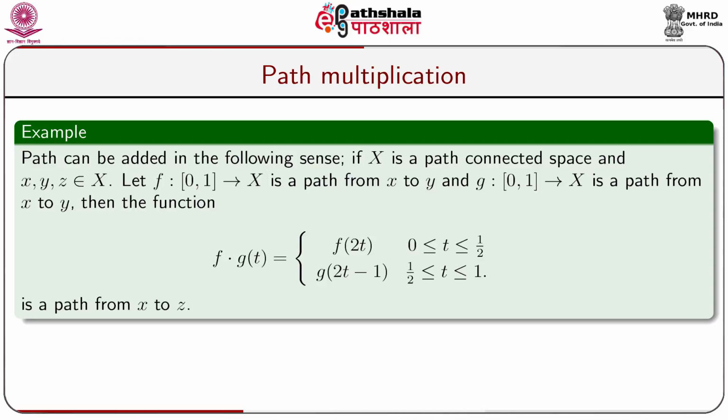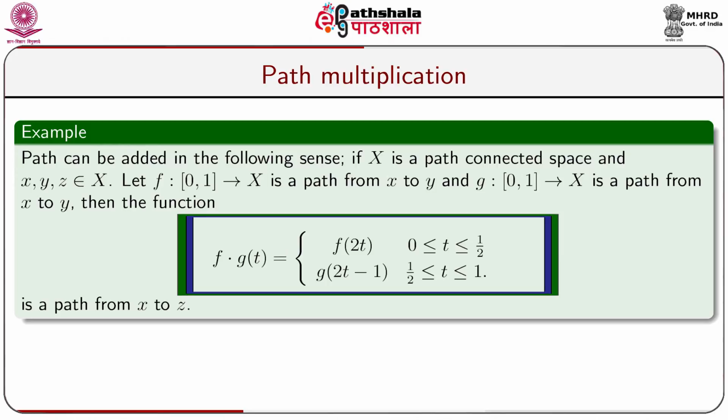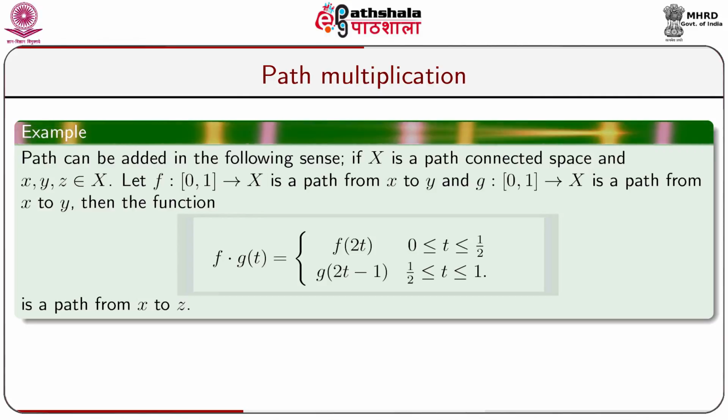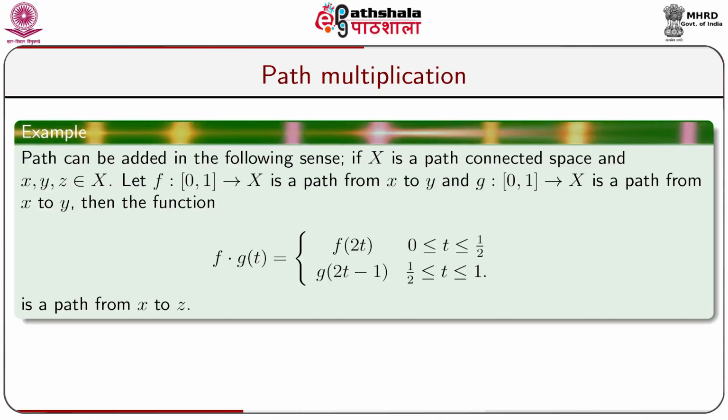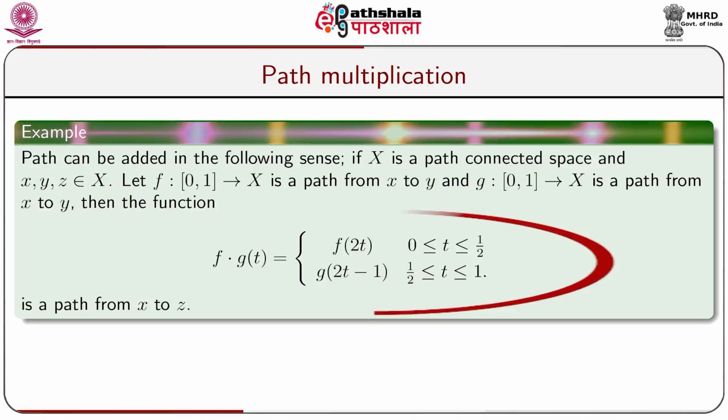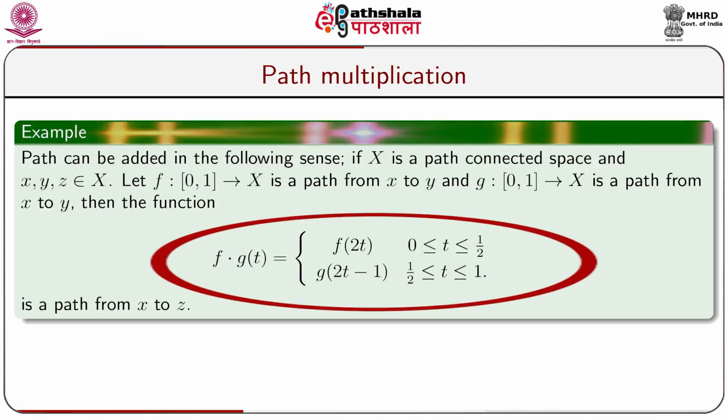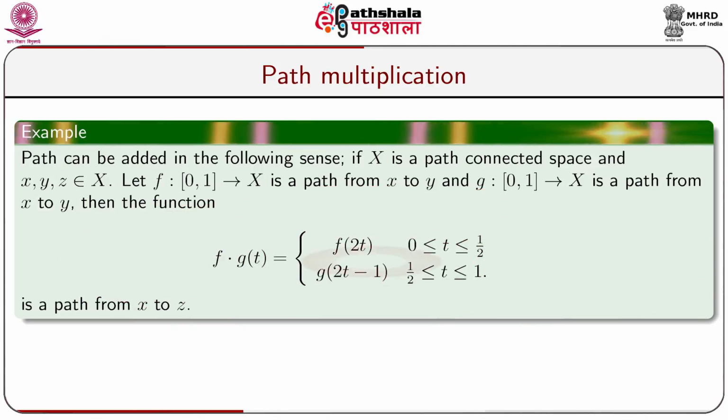Then the function F from [0, 1] to X defined by F(t) = f(2t) when 0 ≤ t ≤ 1/2, and F(t) = g(2t - 1) if 1/2 ≤ t ≤ 1, is a path from x to z obtained by joining f and g.